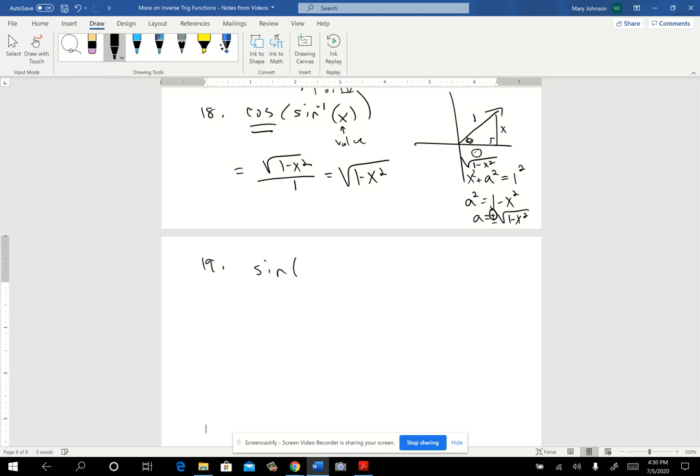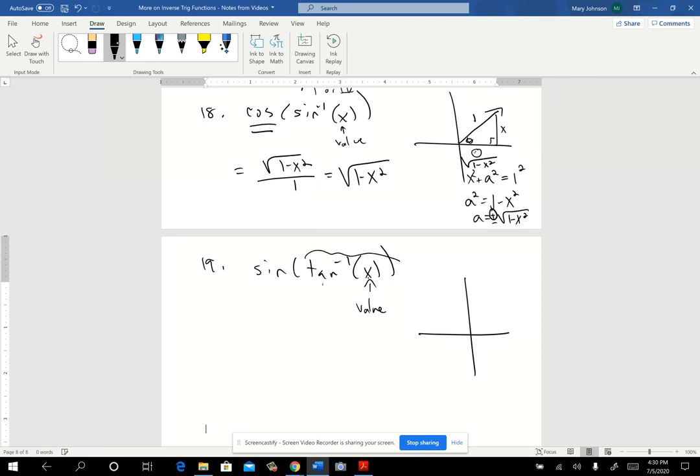So we have sine of the tan inverse of x. This right here is the value. And tan inverse, x is positive.